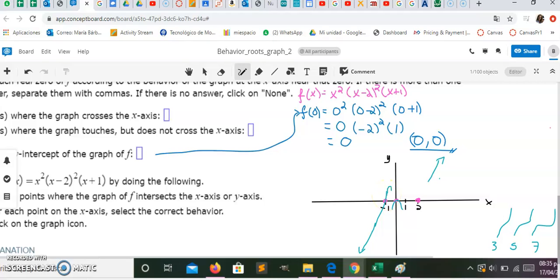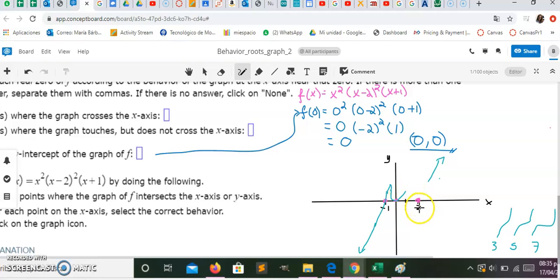So it goes back. Let me delete this one because this is not correct. It is not going to bounce like this, okay? It is going to bounce like this. Because the graph is coming from this side and then it returns and it is going to connect with the bounce that we have here in the 0 point.